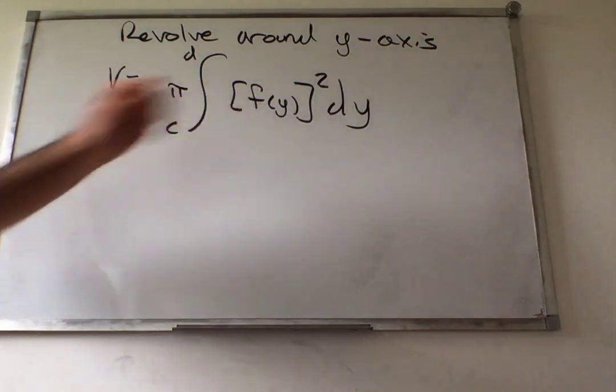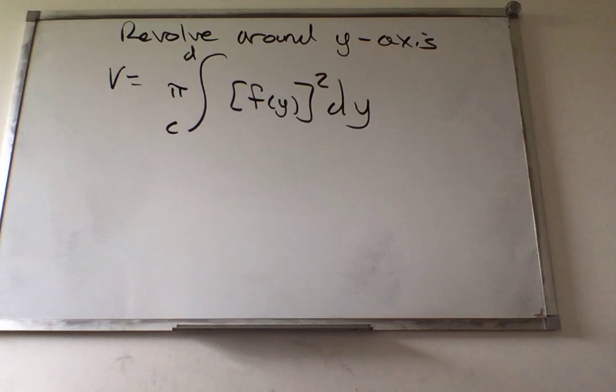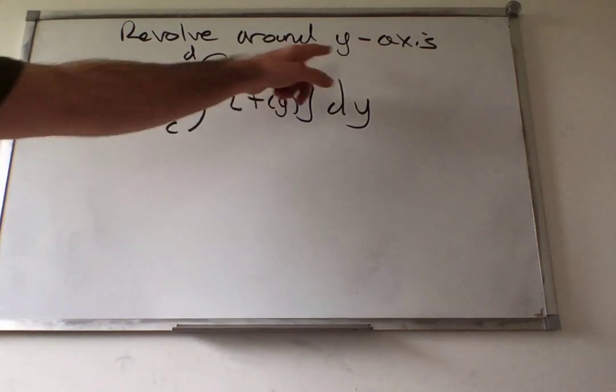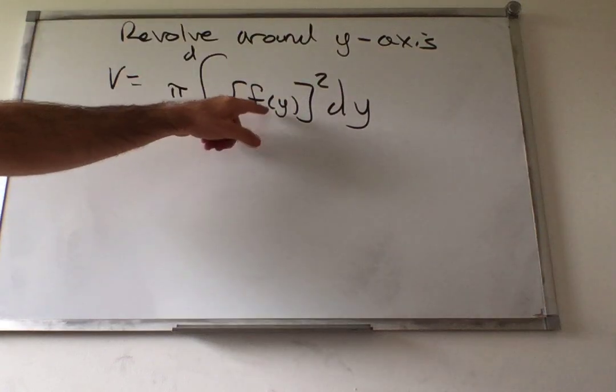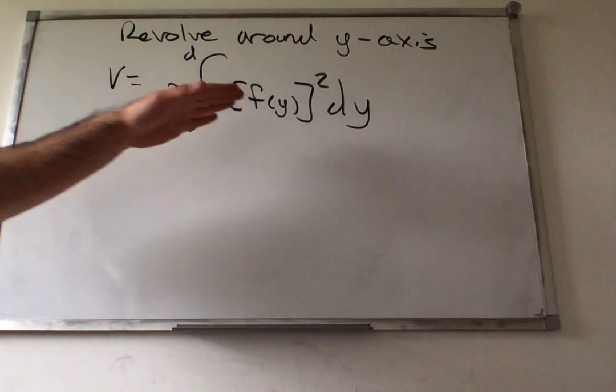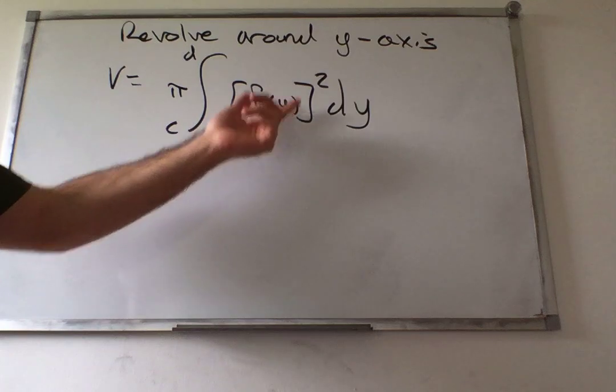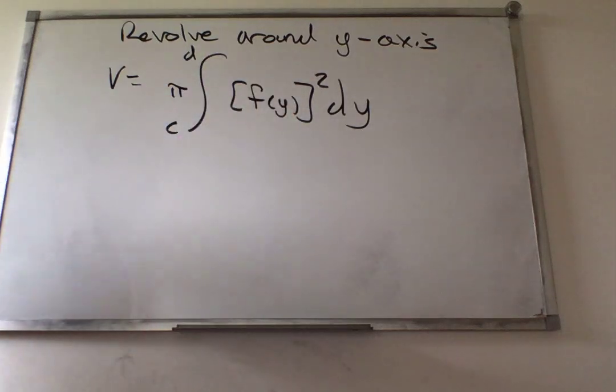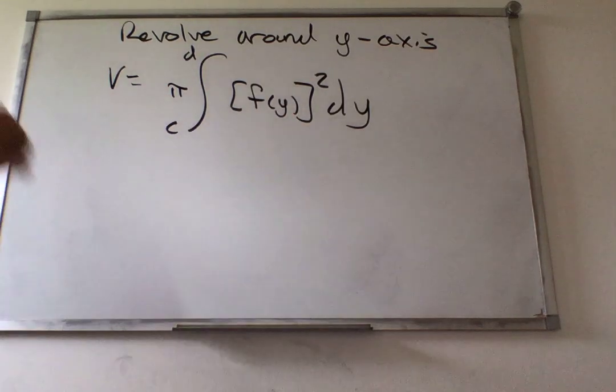Looks a little funny because it's in terms of y. Normally we have functions in terms of x's, but sometimes they want you to revolve the function around the y-axis. And all you have to do is solve your equation for x, and it's the same formula. You just plug your function in, square it, integrate, multiply by pi. We're going to see that in examples.